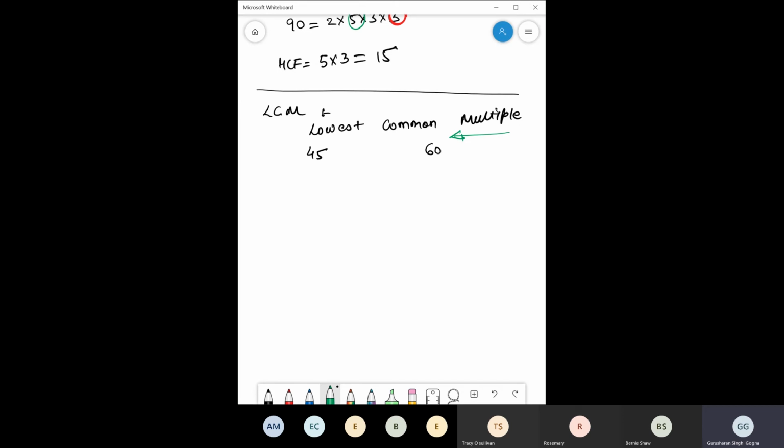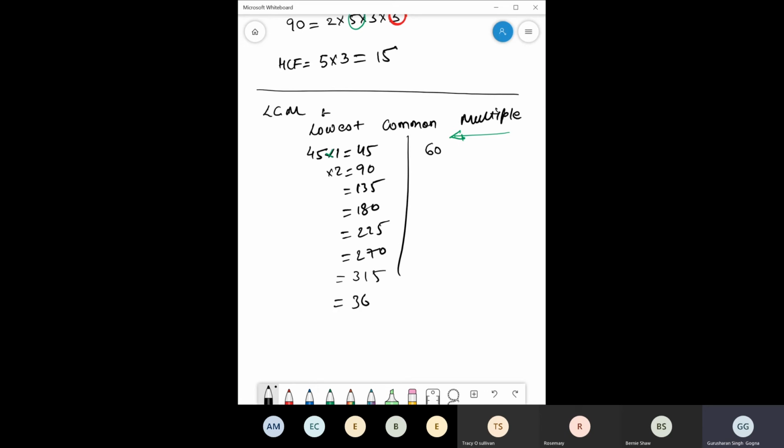So what are the multiples of 45? 45 by 1 is 45, 45 by 2 will give you 90, 135, 180, 225, 270, 315, 360. So these are multiples of 45.